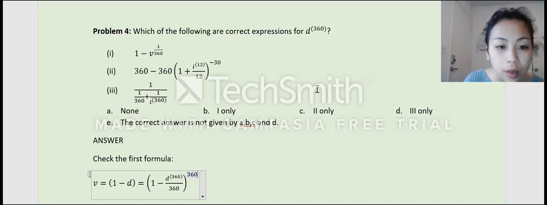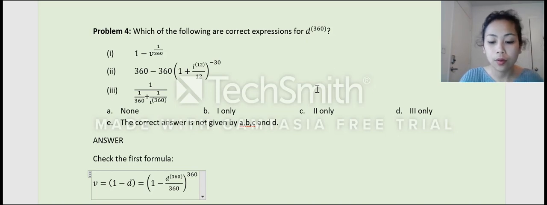From here we are going to find d^(360) using v. So we have v to the power 1 over 360 equal to 1 minus d^(360) over 360.